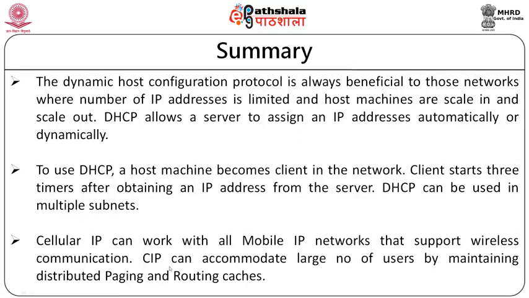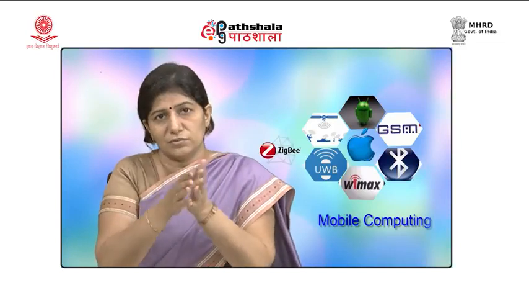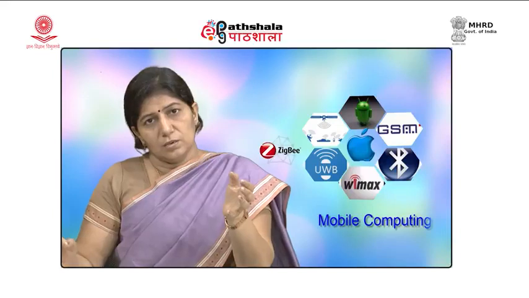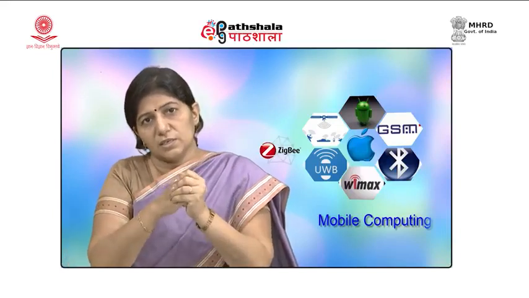In summary, DHCP is the Dynamic Host Configuration Protocol, which is always required for those networks where the number of IP addresses is limited and host machines scale in and scale out, meaning they are coming in and moving out. Whenever we have such a network, we always want to use DHCP, because it supports mobility.